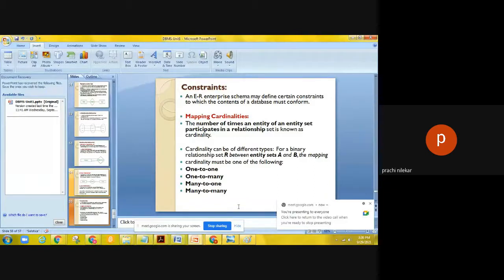We are talking about the binary relationship set only. Suppose there is a relationship set R between entity sets A and B. A and B are the entity sets, and R is the relationship set between them. The mapping cardinality must be one of the following: one to one, one to many, many to one, or many to many. Please note down these points as well as the definitions. All these are important points.